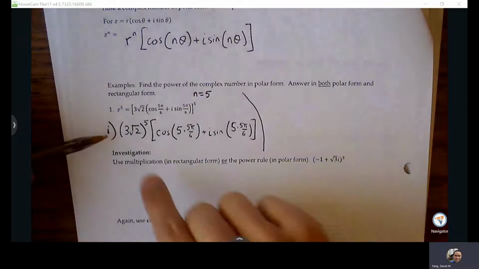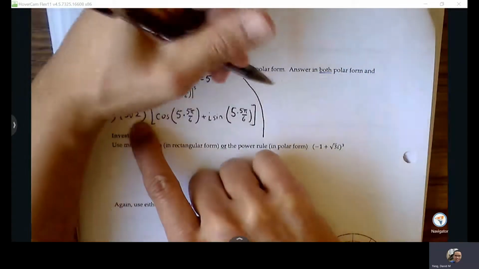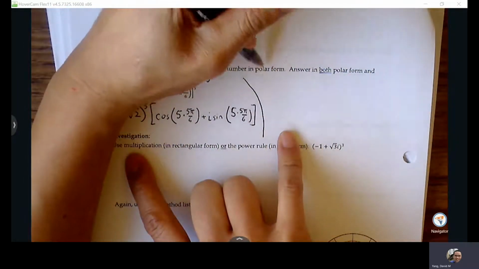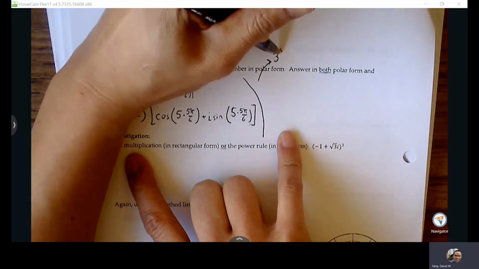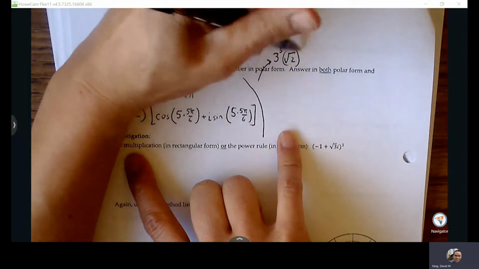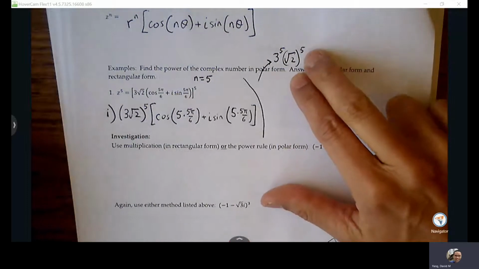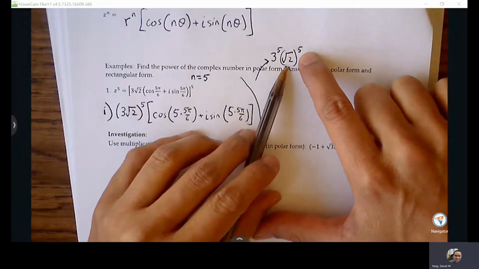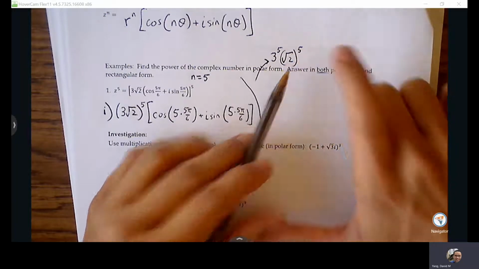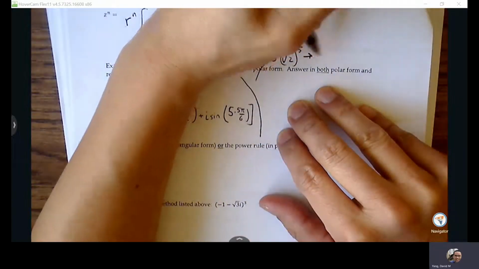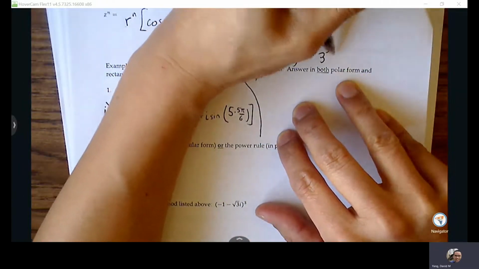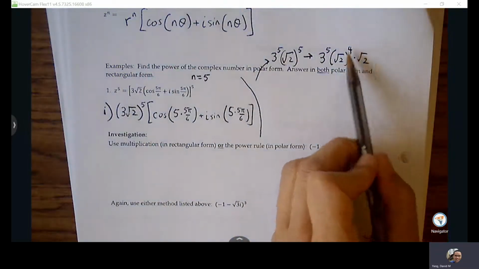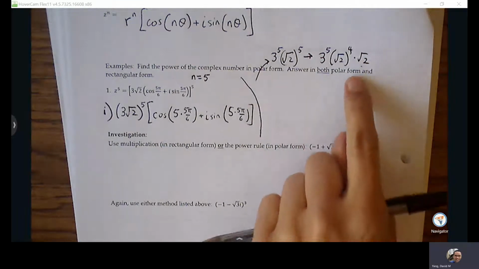Okay, we really want to do this in exact form. I know that the graphing calculator is not going to do that. So if you want to split this up, you can think of this as 3 to the fifth and then root 2 to the fifth. Now, root 2 to the fifth, you have to understand that this is really root 2 to the fourth times root 2, right? So in your calculator, think of it as 3 to the fifth times root 2 to the fourth times root 2, otherwise the calculator is going to take that root 2 and give you a decimal value.